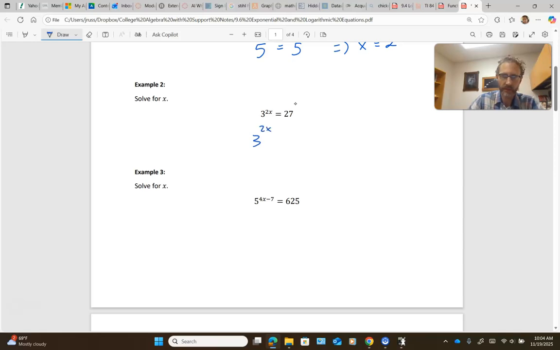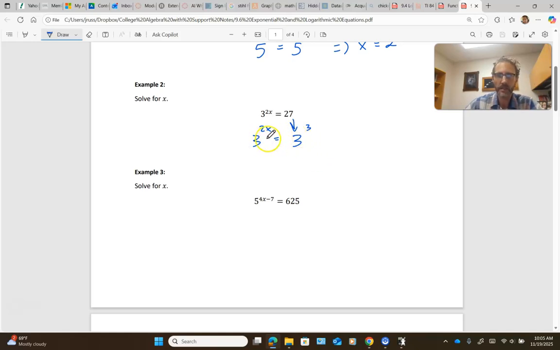So we copy the left-hand side, and I'll express 27 as 3 to the third power. The nice thing about equating the base, guys, is you know what the base is. So you just try a few powers of 3, or whatever the base is that you're working with, until you find the value here that you're looking for.